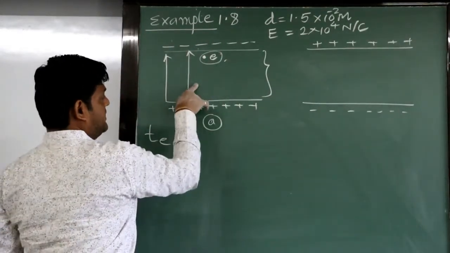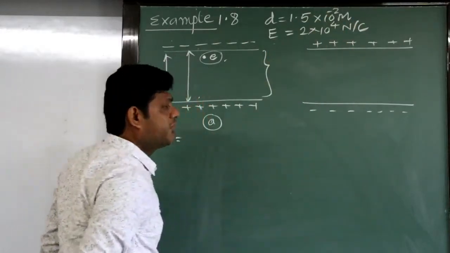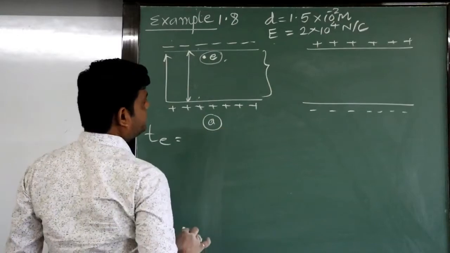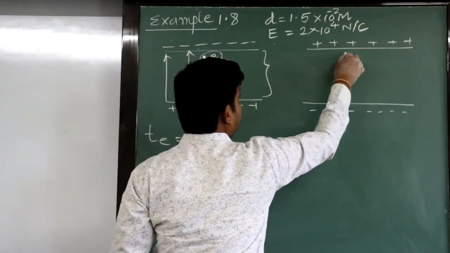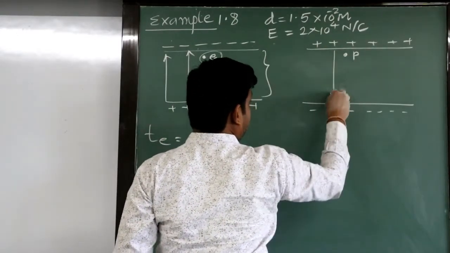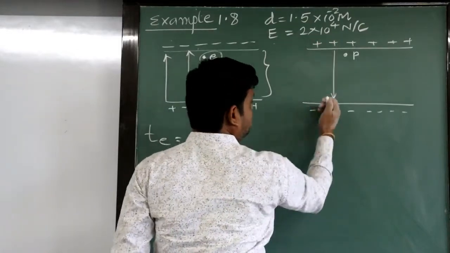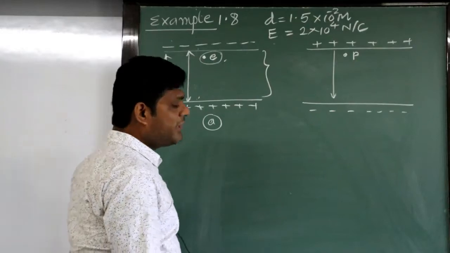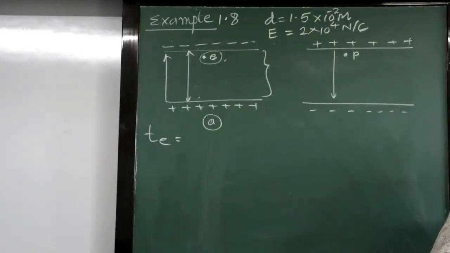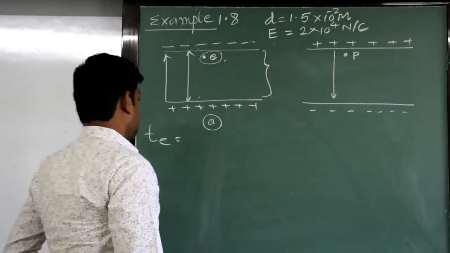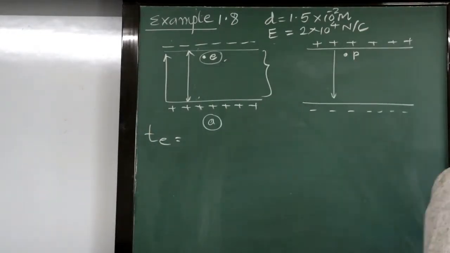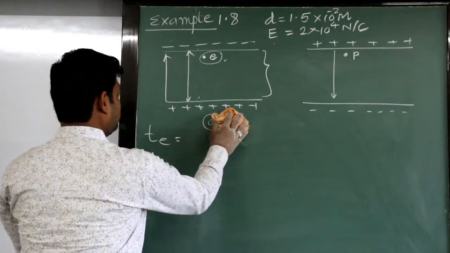Electron is kept in the electric field E equal to 2 into 10 to the power 4. This is the electric field over here. In the second case, proton is kept over here. So what is the time for proton? That is the question. One by one we are going to solve. Calculate the time of electron and time of proton.